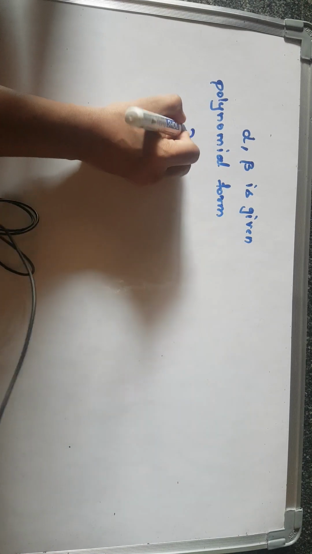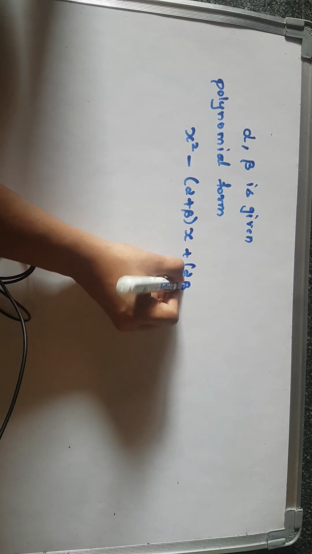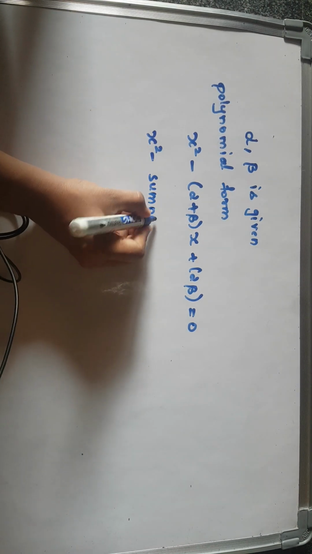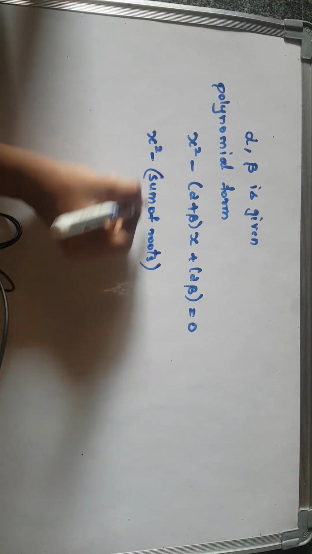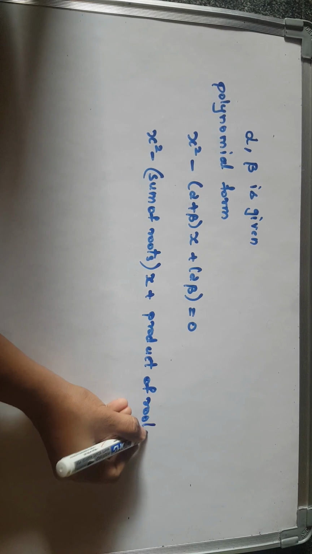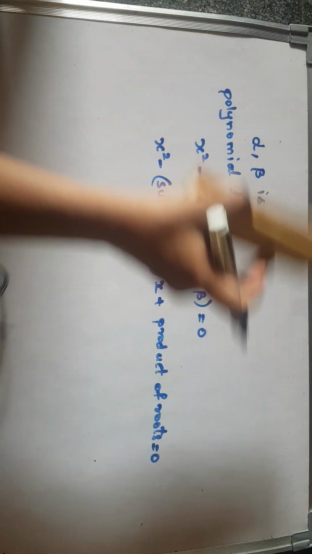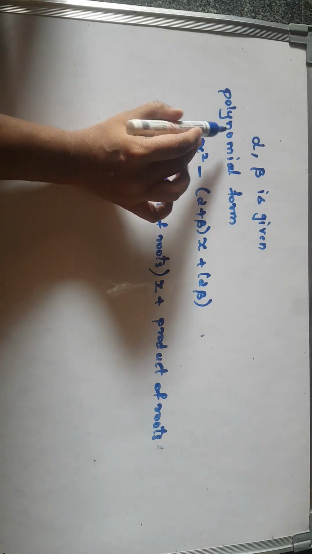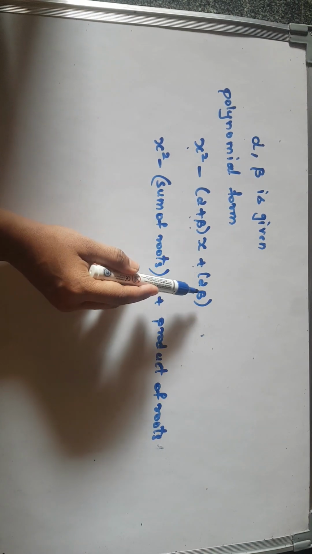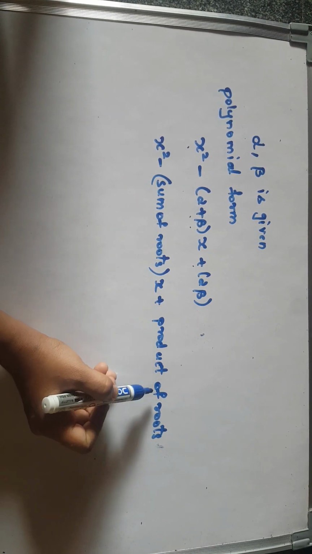Polynomial form is x square minus sum of roots into x plus product of roots equals 0. While alpha and beta are given, x square minus alpha plus beta into x plus alpha into beta, we have to write like this.